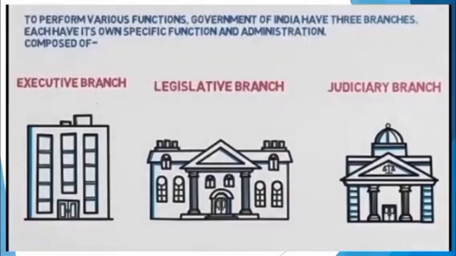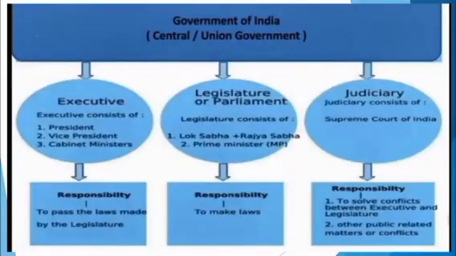To perform various functions, the Government of India has 3 branches. Each has its own specific function and administration, composed of the executive branch, legislative branch, and judiciary branch. The Government of India, central or union government, is classified into 3.